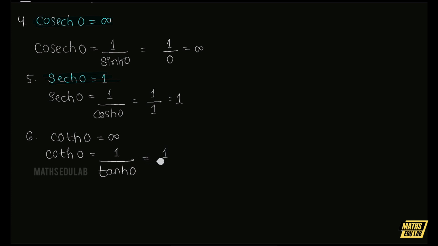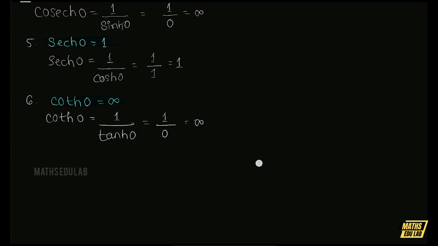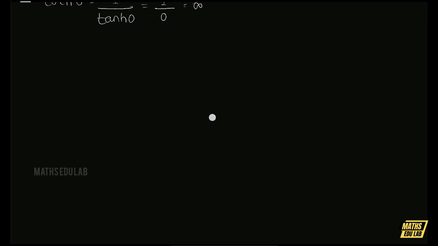So 1 upon, then the tan 0 value will be 0 only. So anything upon 0 is infinite. So these are the 6 results to be learned and remembered so that we can use them in the practice questions.